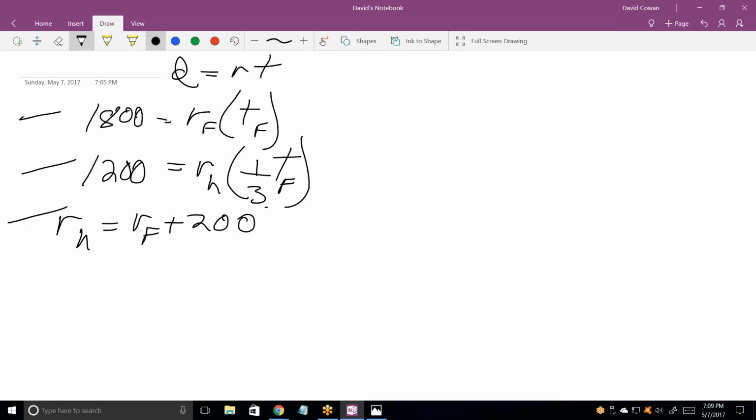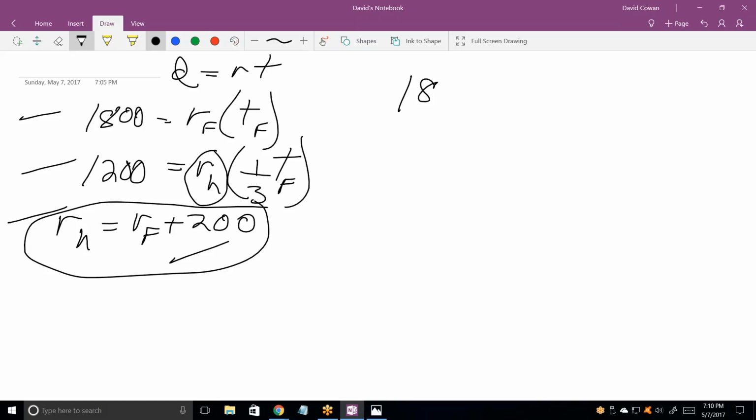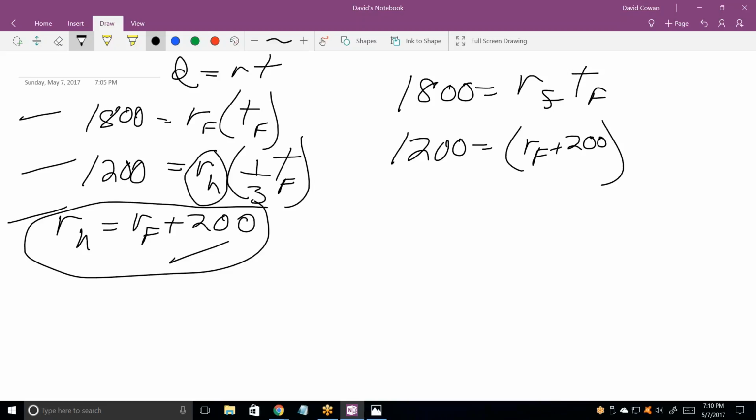So I'm going to take this third equation and go back in the other 2, and wherever I see an r sub h, I'm going to substitute that. So now I have 1800 equals r sub f times time of Fabian, and I have 1200 equals, instead of r sub h, r sub h is Fabian's speed plus 200 miles per hour.